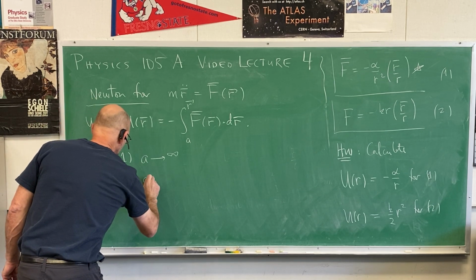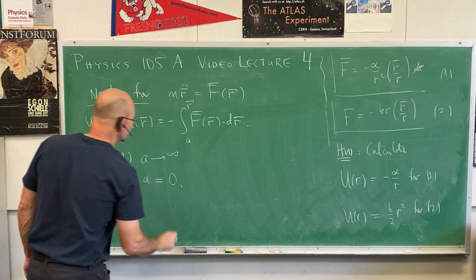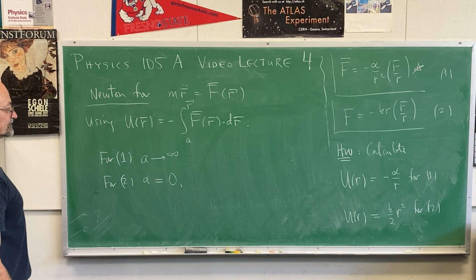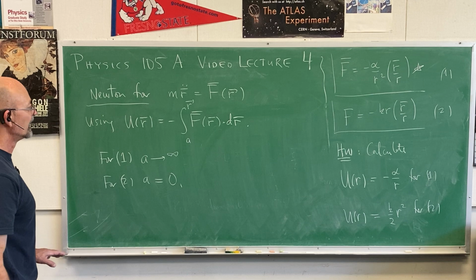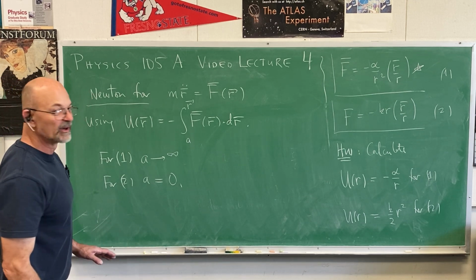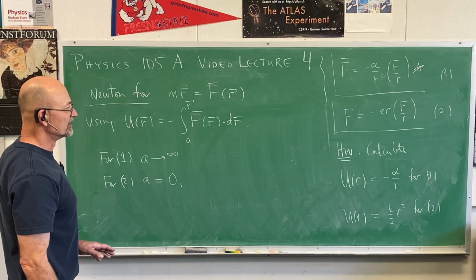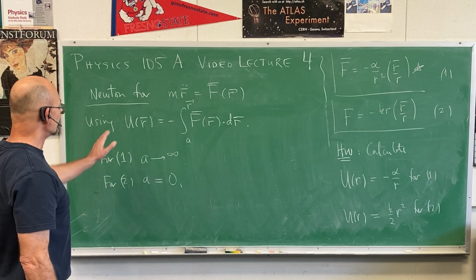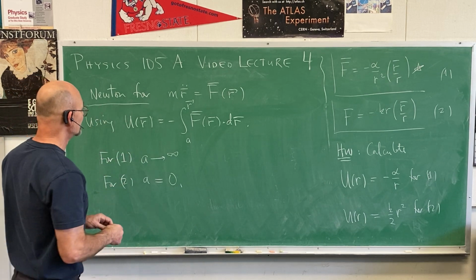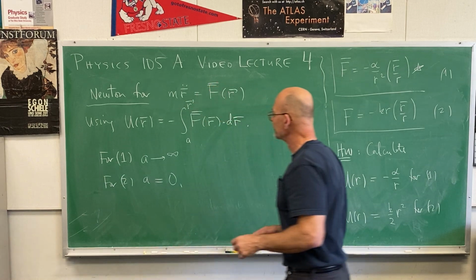For problem 2, choose A equals 0. Okay. Good, I got that out of the way. Those are very easy to do, and you can practically just eyeball them. But I'm going to continue with the discussion of the potential energy now.